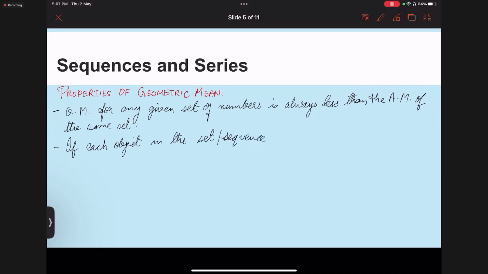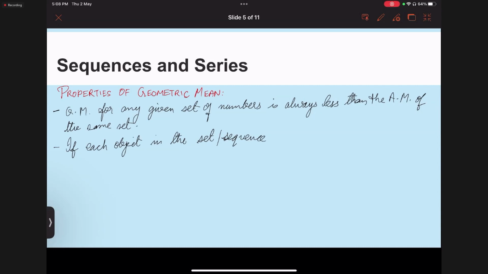So one thing that you have to know, to find the geometric mean, it is not always necessary that the set of numbers given to you has to be a sequence. It can be a random set of numbers also, and you can still find your geometric mean.